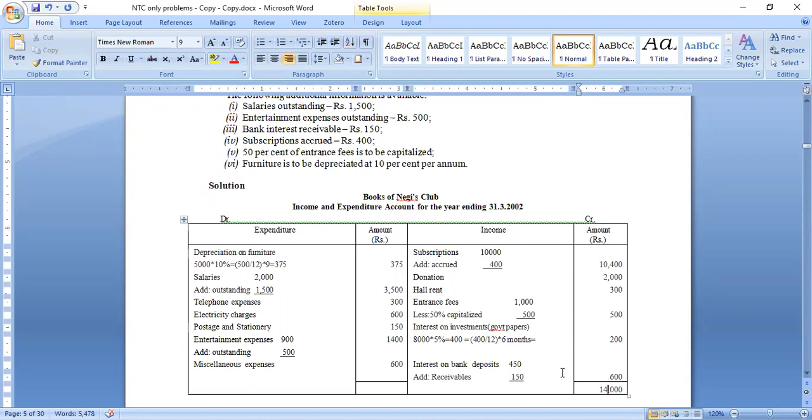So 14,000. The balancing figure comes to 7,075. So we should call it surplus, excess of income over expenses.